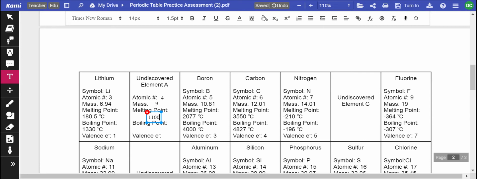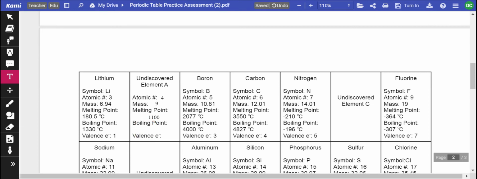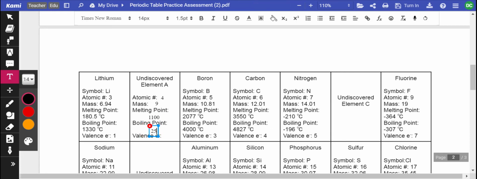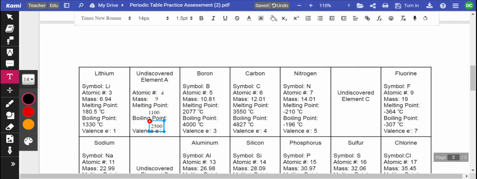And the same thing with the boiling point. It's going to be somewhere between 1,330 degrees Celsius and 4,000 degrees Celsius. The midpoint would be about 2,500 degrees Celsius. Again, somewhere in the middle would be fine. So there's a range of correct answers for undiscovered element A for the melting and boiling point.